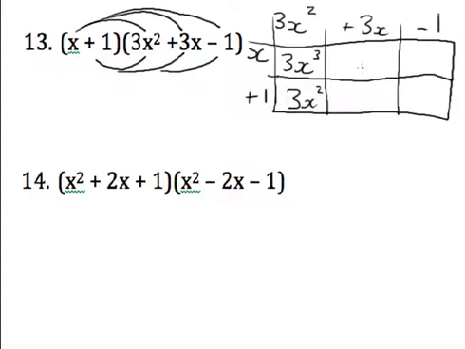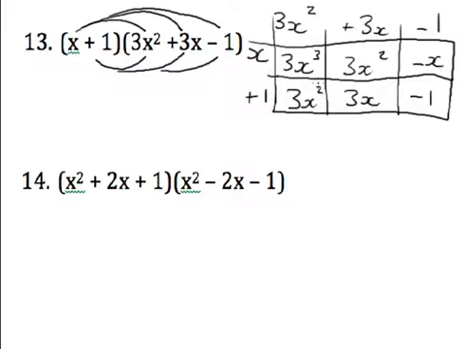X times 3x is 3x squared. We'll go across again. X times minus 1 is minus x. The plus 1 multiplied by the 3x is a 3x, and the plus 1 multiplied by the negative 1 is minus 1.